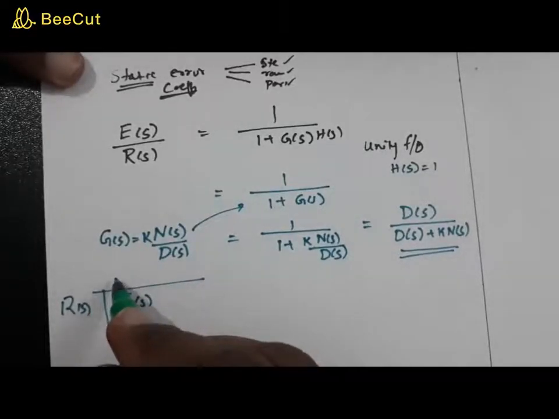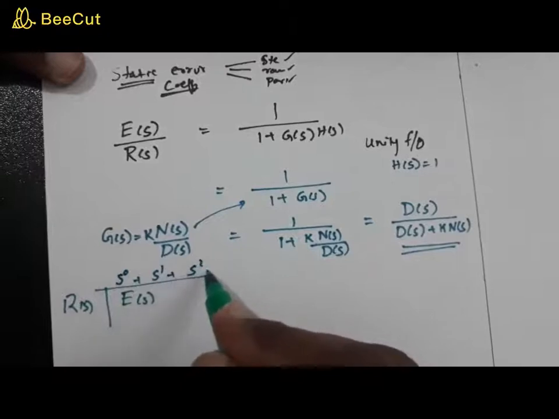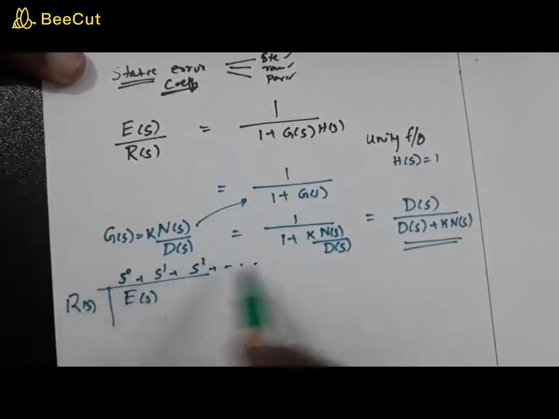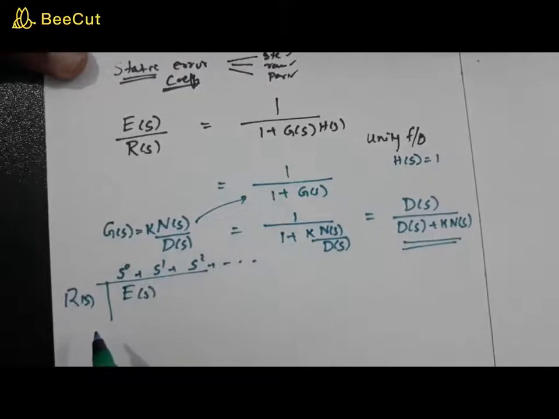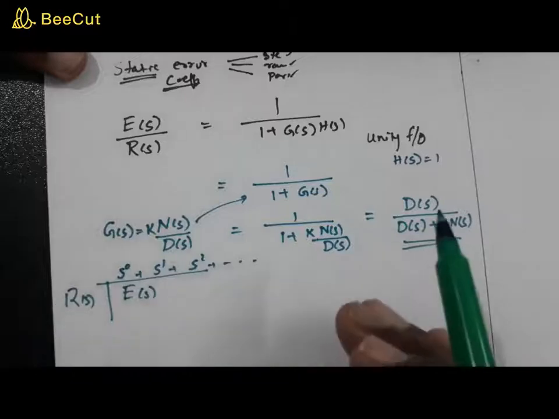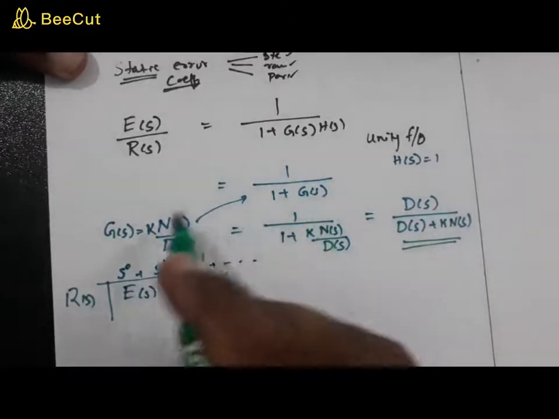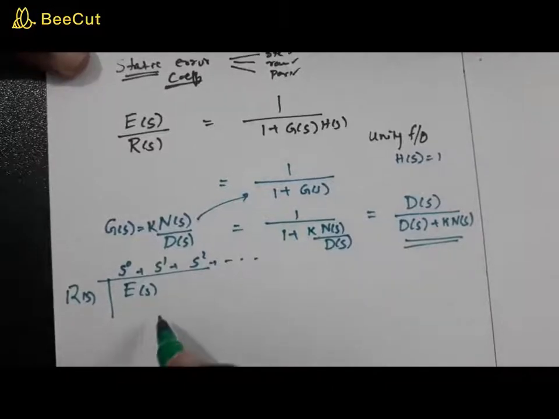What I mean to say is, if this is s to the power 0, then the next term will be s to the power 1, next s squared, and so on. This is the ascending power, so you can perform division accordingly. In signals and systems, we have studied the long division method. Hope you remember how we can divide in ascending order as well as in descending order.